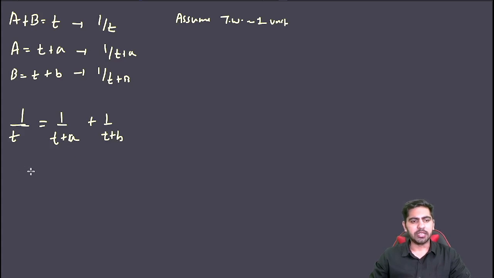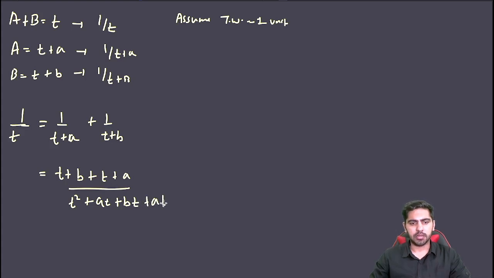Now, if I take an LCM here, so what will I get? I get nothing but T plus B plus T plus A in the numerator upon T plus A into T plus B will give me T square plus AT plus BT plus AB, right?